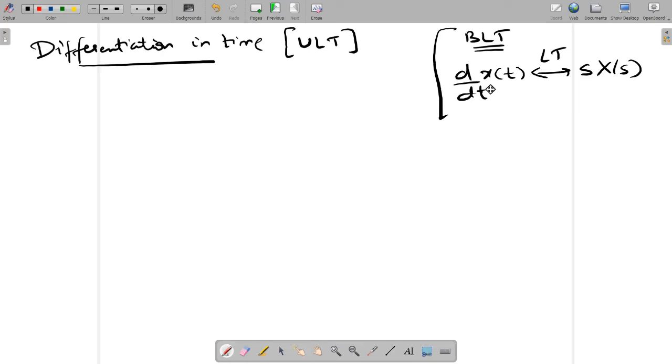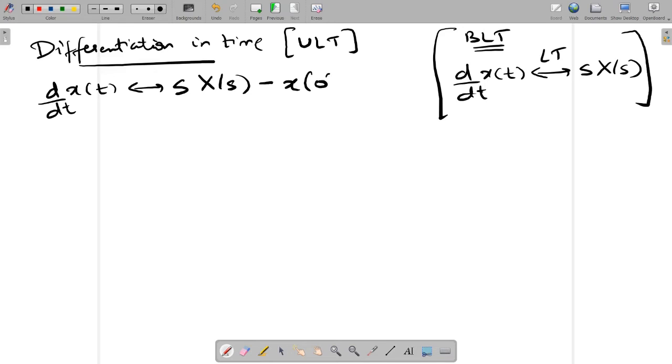This is the formula for bilateral, which we had seen earlier. But for unilateral, d by dt x of t is s into X of s, same as earlier, minus the initial value of the signal x of 0. Understand, this is capital X, this is small x.